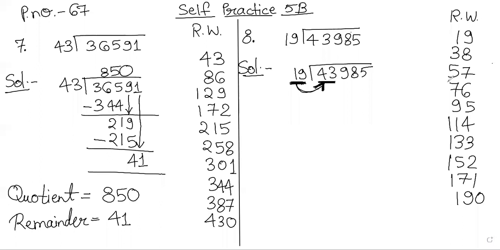Now check the table of 19. In how many times can you divide 43 by 19? Look at the table. I think in 2 times. 19 twos are 38.